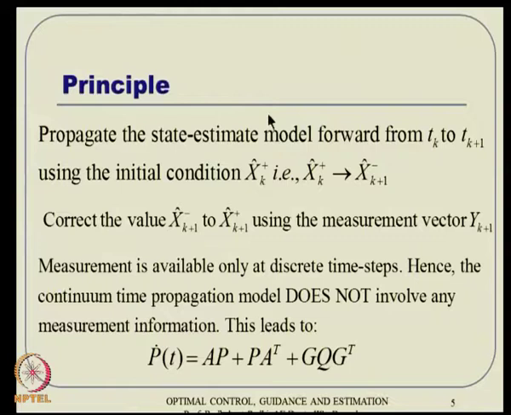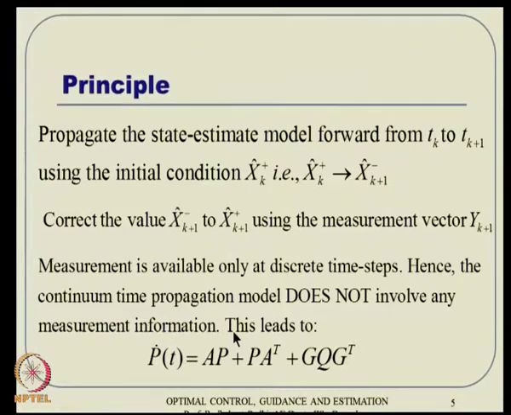So, the principle is like this: propagate the state estimate model forward from t k to t k plus 1 using the initial condition x k hat plus, and then correct the value from minus to plus at k plus 1 using the measurement vector y k plus 1. Now, the measurement is available at discrete time steps only, and hence the continuous time propagation does not involve any measurement information.